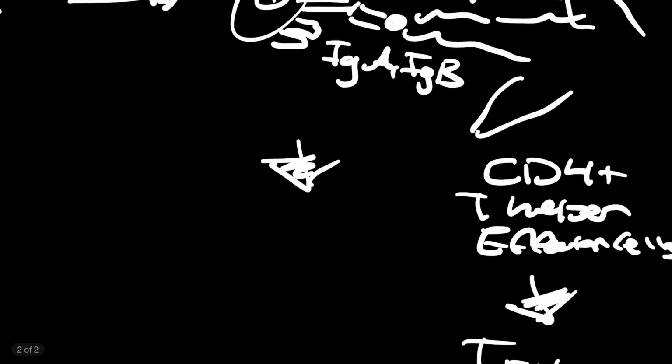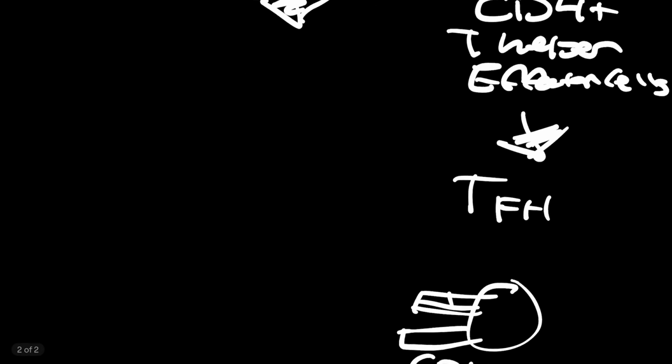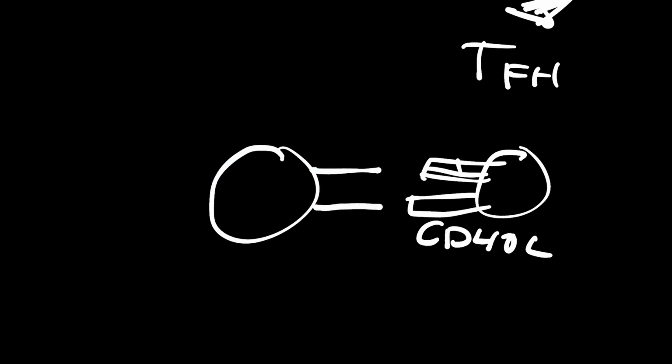Okay, let's go back to the B cell. So what happens after this? It'll take the immunoglobulin in through endocytosis, split it up, and then present it via MHC2. So let me draw it. MHC2.